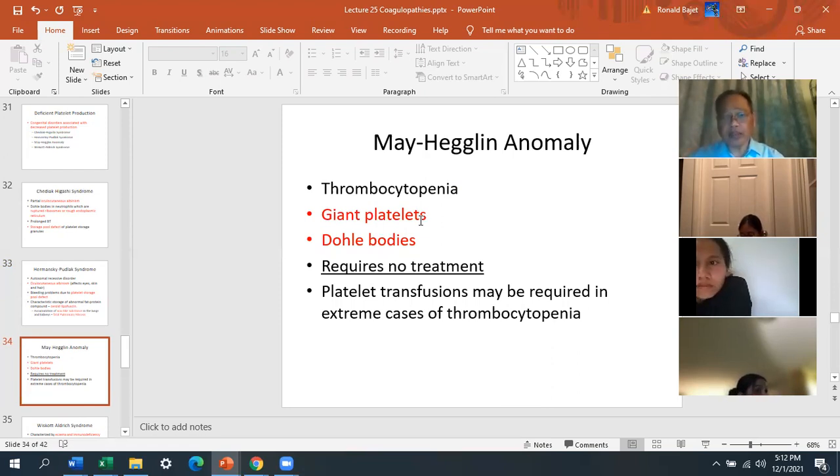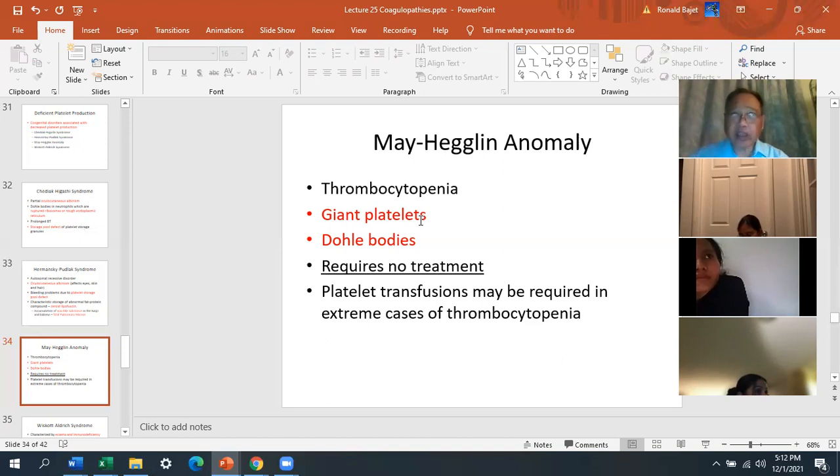Usually the Döhle bodies are pretty large, and then you'll notice giant platelets. This is one of the easier ones to identify. You obviously won't know if the patient is suffering from albinism, but if you see Döhle bodies and giant platelets, then you have May-Hegglin.